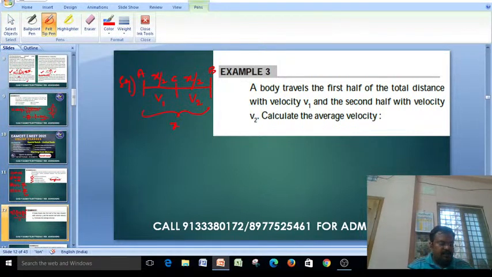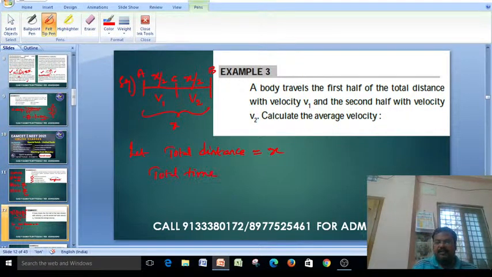How do we have to solve the problem? What do you know about the content? Let us consider the total distance covered by the particle is equal to x. Now the total time taken, how much?